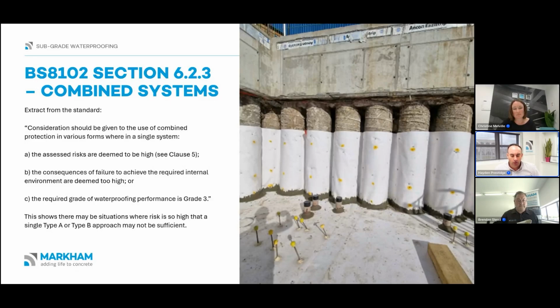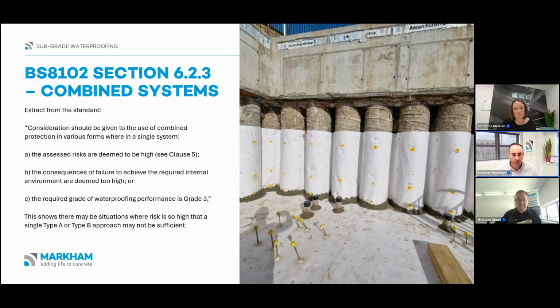If we've gone through those design evaluations, worked out where our water levels are, worked out what the risks are, is a type A, B, or C by itself enough? Quite often not really. Where the standard goes over this is where there are two different combinations. They've got to perform different characteristics.